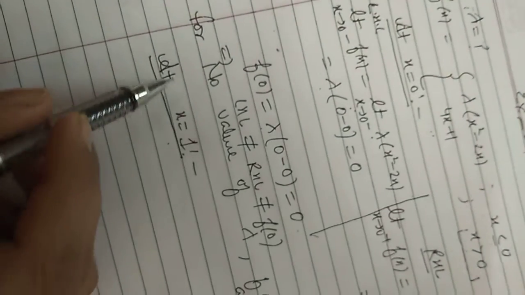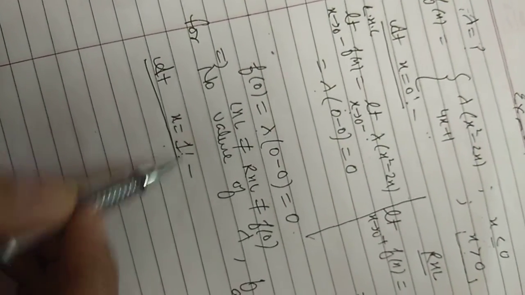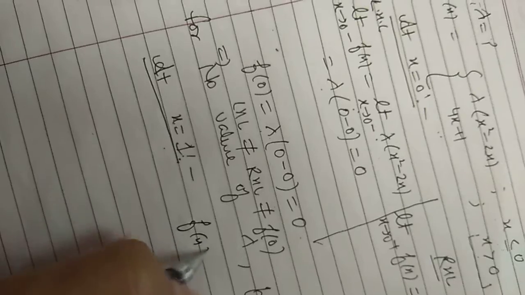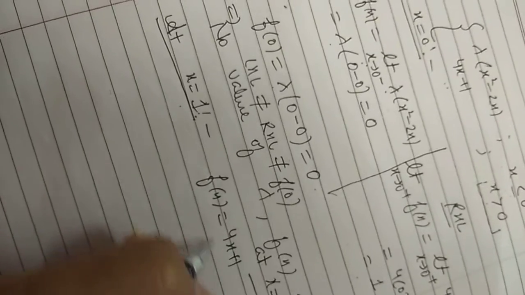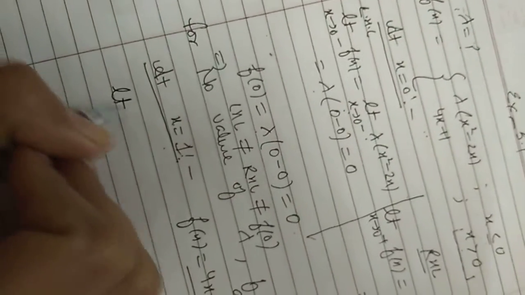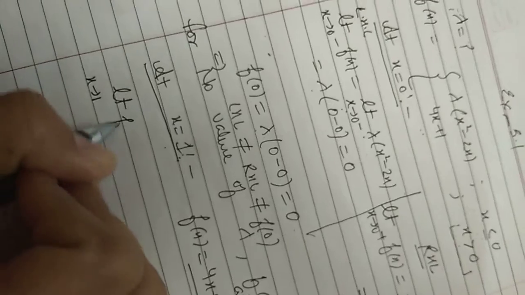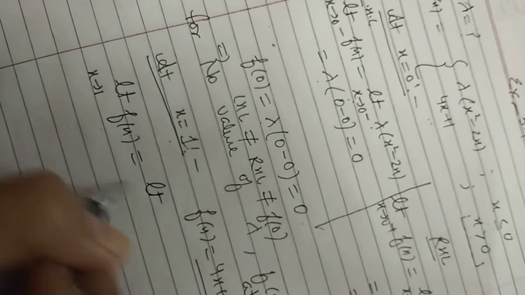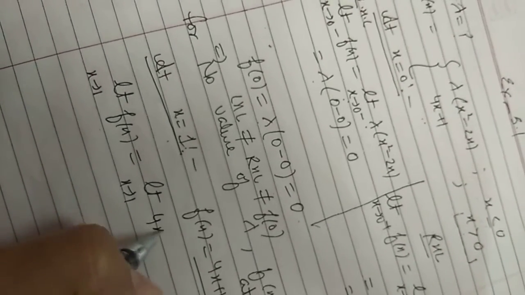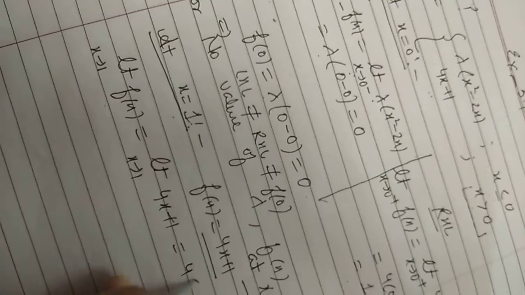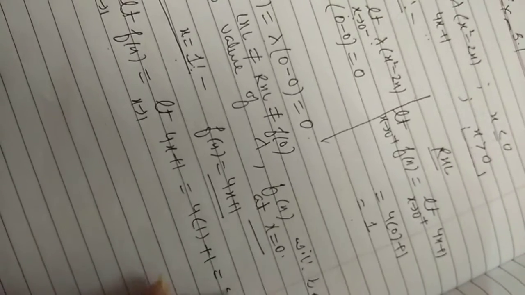So when x is equal to 1 and we are finding the limit, there is only one function, 4x plus 1. So when I apply the limit x approaches 1 of f of x, we directly get 4x plus 1, so 4 into 1 plus 1, that is 5.